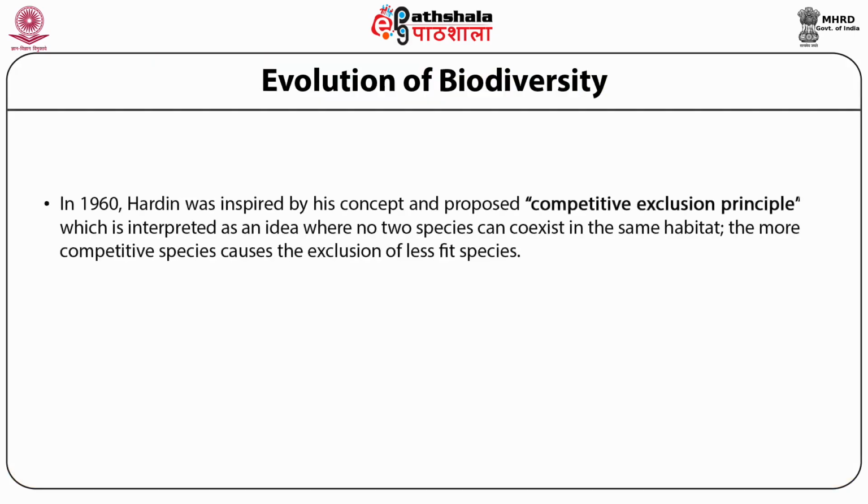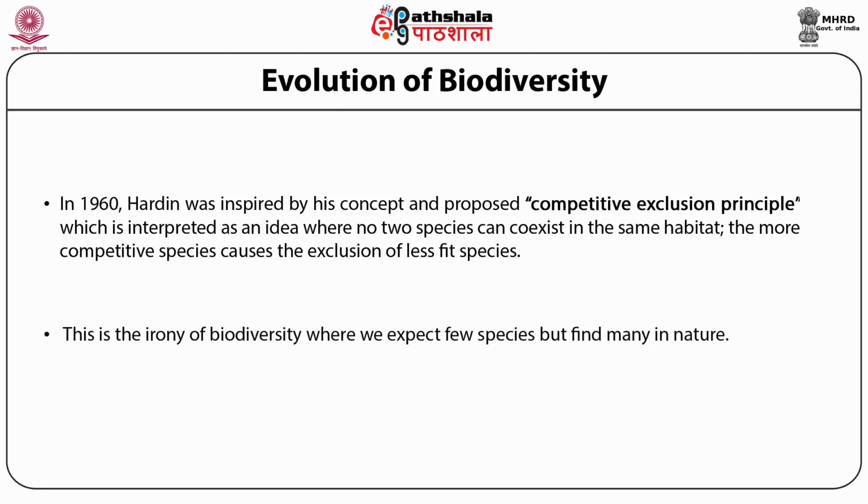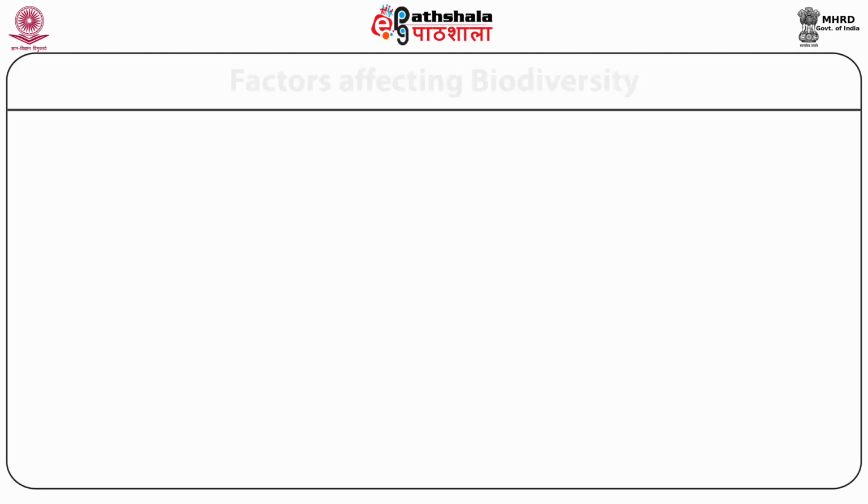In 1960, Hardin was inspired by this concept and proposed the competitive exclusion principle, which is interpreted as an idea where no two species can coexist in the same habitat. The more competitive species causes the exclusion of less fit species. This is the irony of biodiversity, where we expect few species but find many in nature.